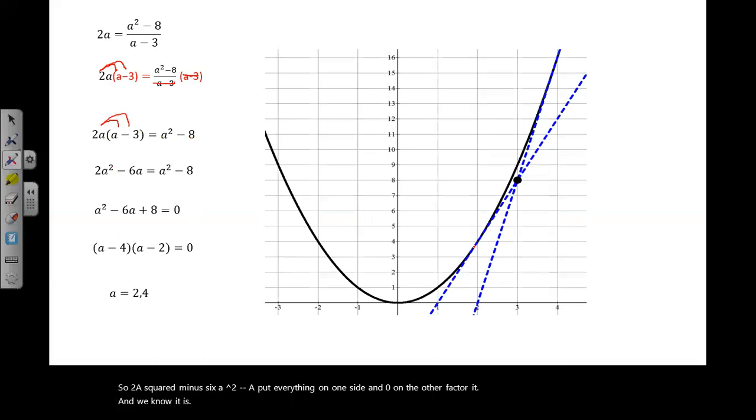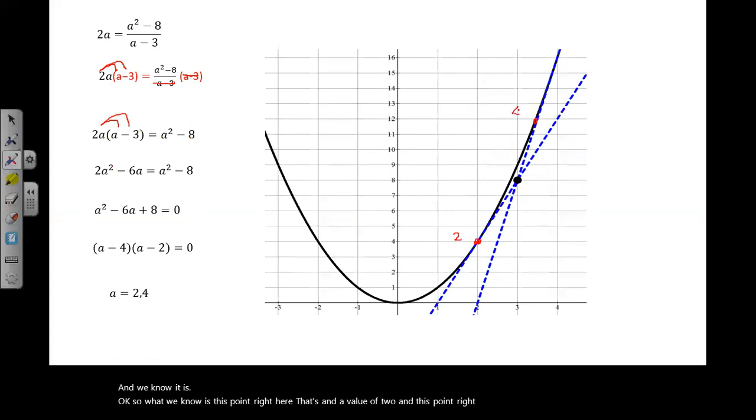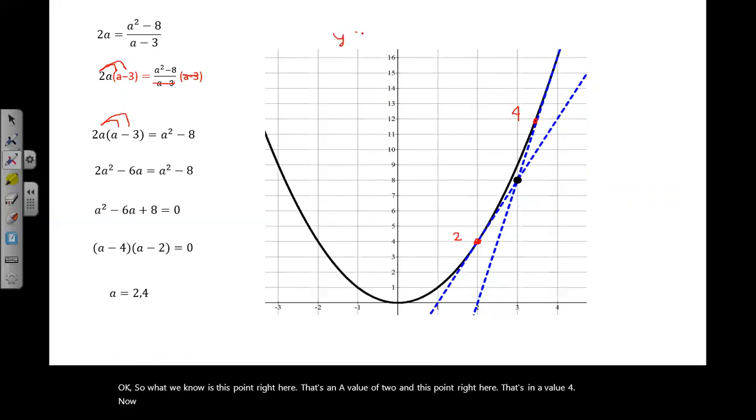Okay, so what we know is this point right here, that's an a value of 2. And this point right here, that's an a value of 4. Now our equation, remember, was y equals x squared. So if this is 4, the y value, x squared, is 16.